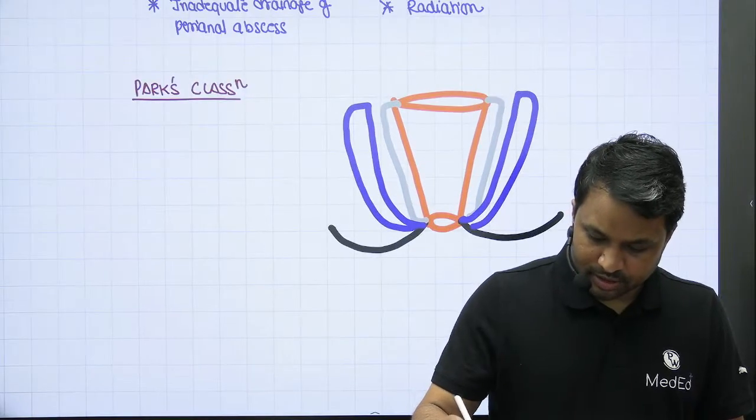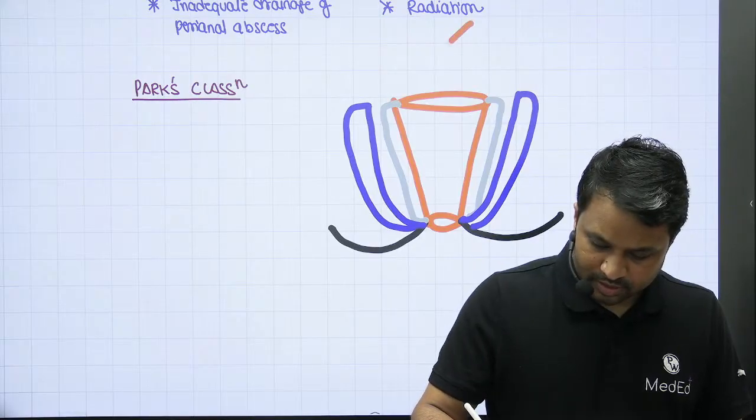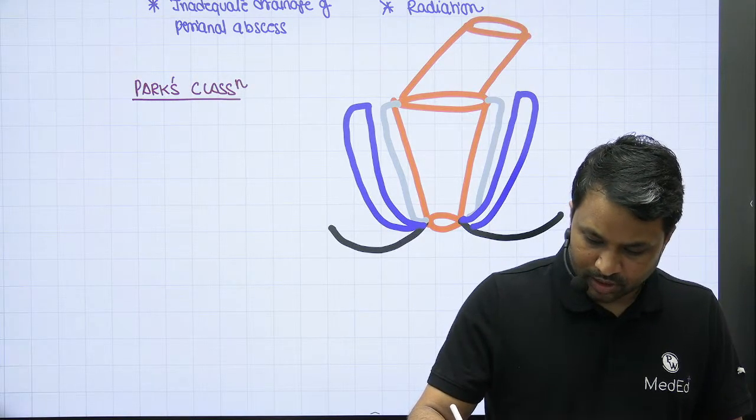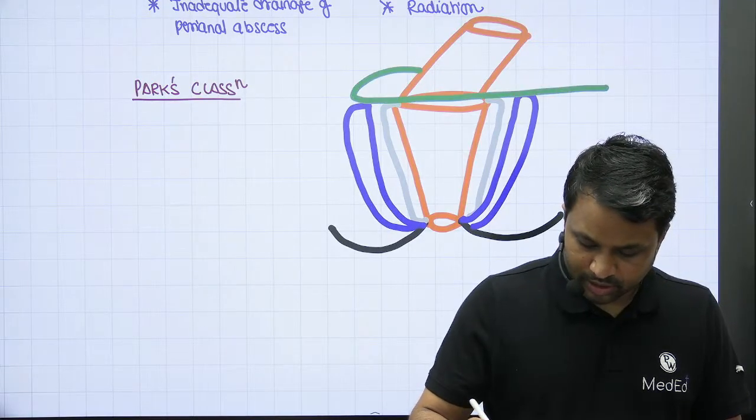This is the rectum where it is going to start. Here you have a muscle, which we call the puborectalis. So there is a muscular component here.